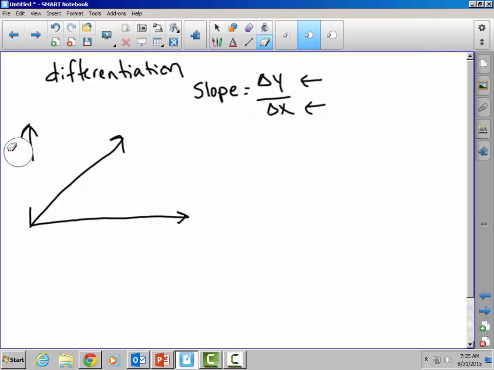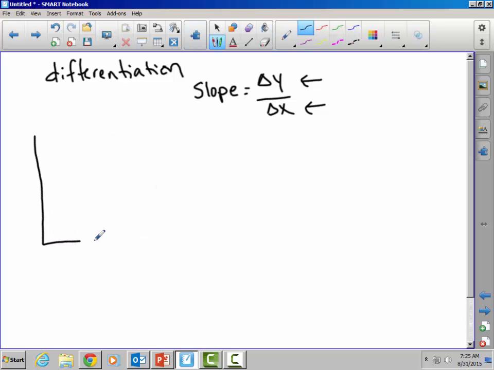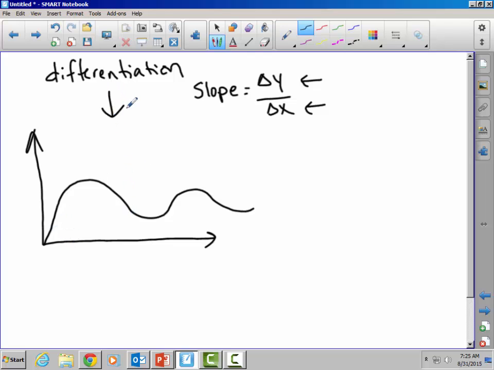But if you have a graph whose slope is not constant, let's say you have something funky like this, now it's not so easy to figure out how y changes with x, and so this is when the concept of differentiation or calculus comes in to help us.